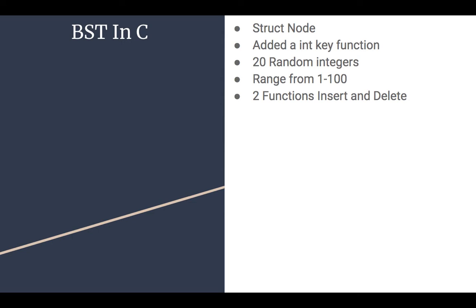As for my binary search tree in C, it was a little different because instead of creating a node class, I created a struct node. This structures the node the same way as a class node, but it is a little bit different.